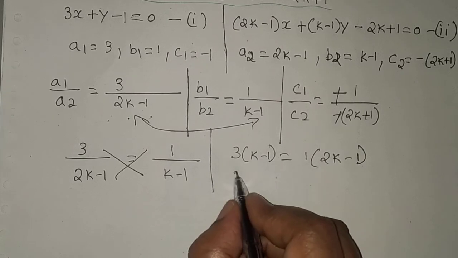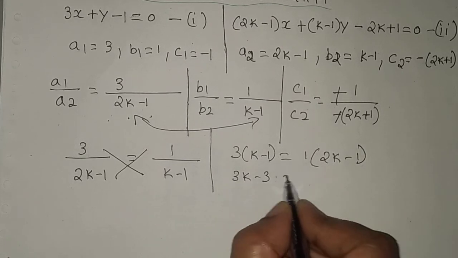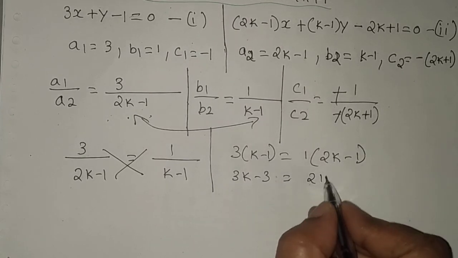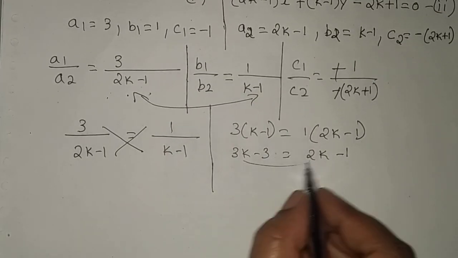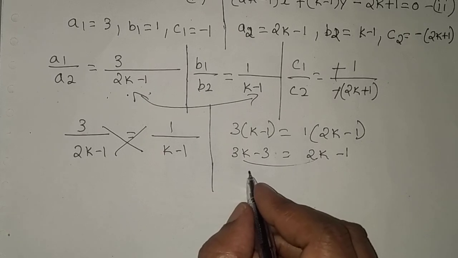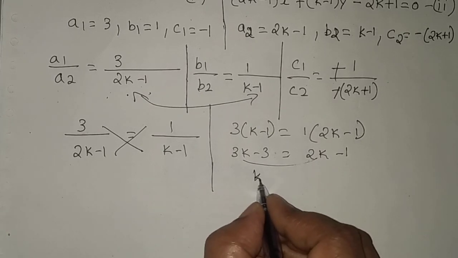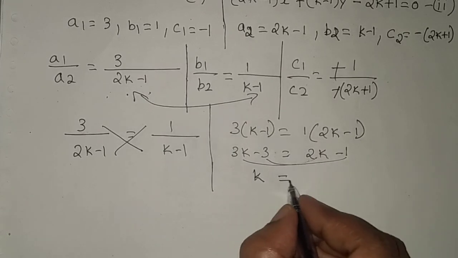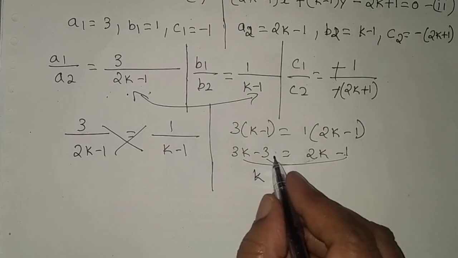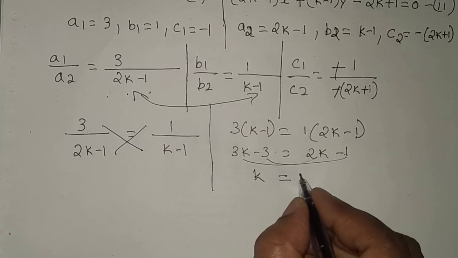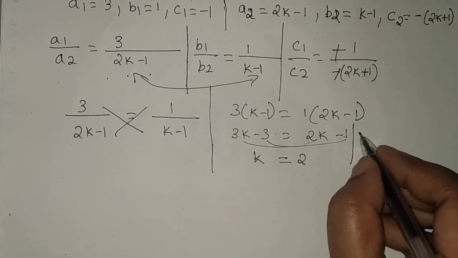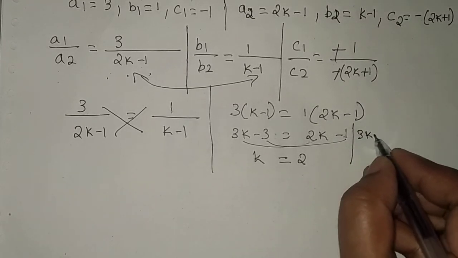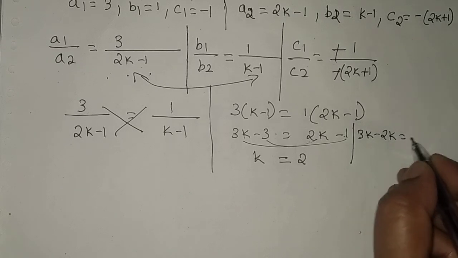So now simplify: 3k minus 3 is equal to 2k minus 1.